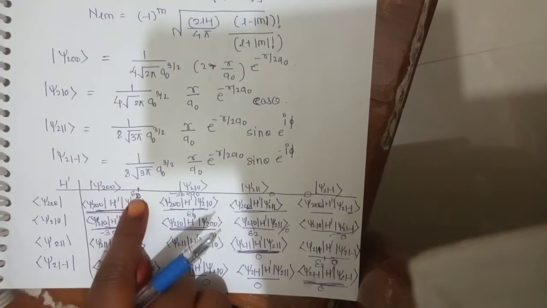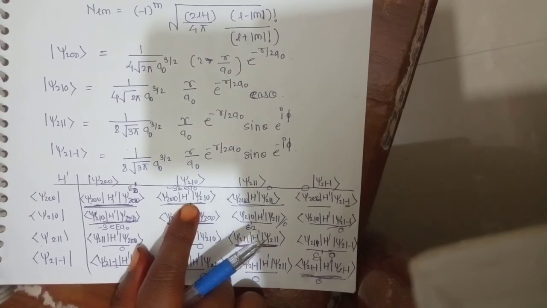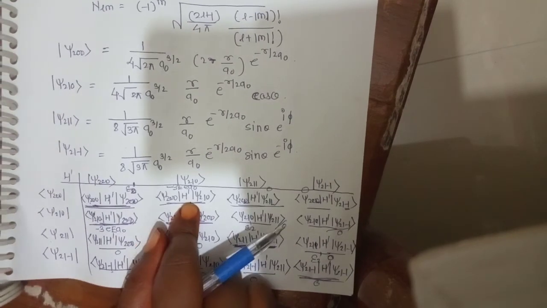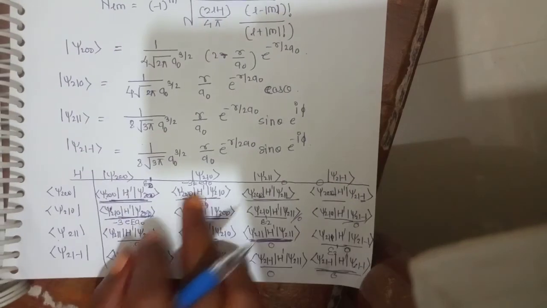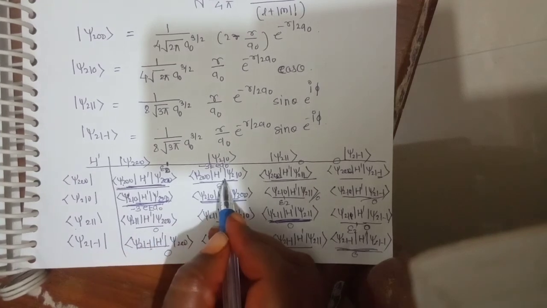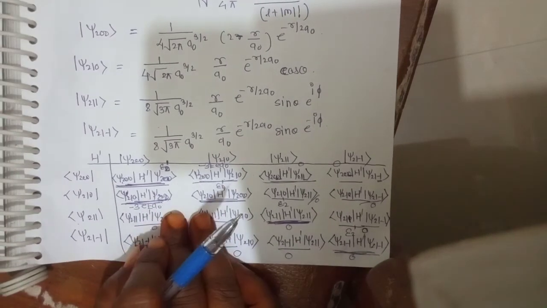So understand that one? As I said, look at here, this is the first order correction, this will become minus 3 e a naught. Okay, this is the complex conjugate of that one, means both values are equal.